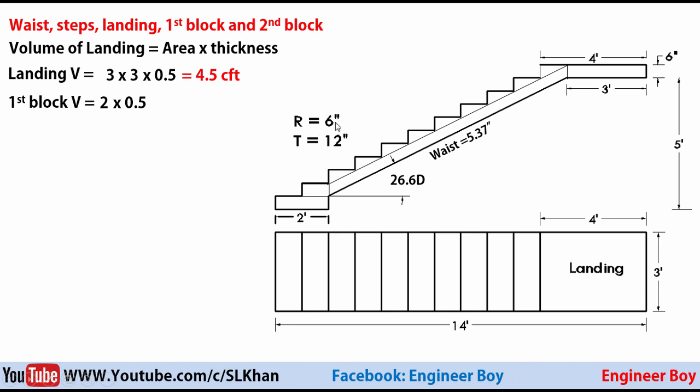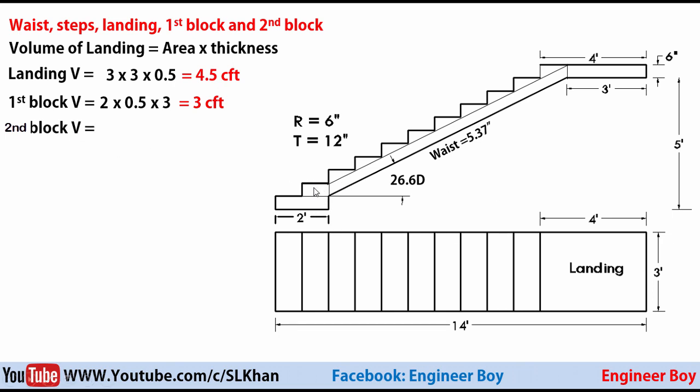The length, from the plan, is the same as the width of the landing, that is 3 feet. So we get 3 CFT as the volume of the first block.